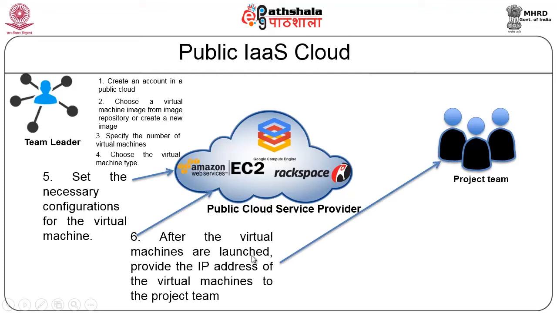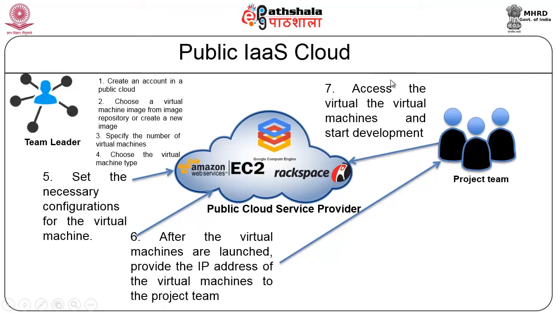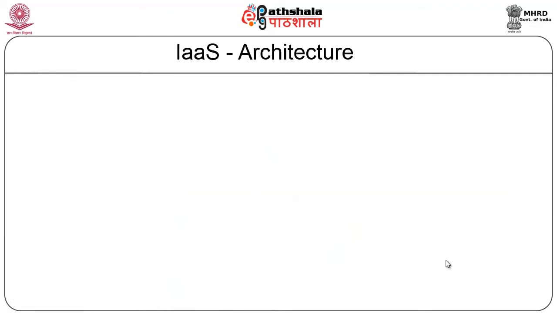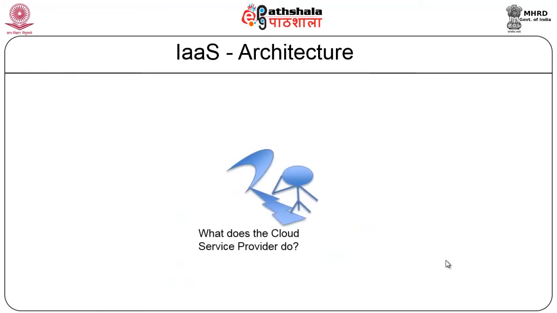Then these virtual machines are launched, and her team will be informed that they are ready to use. The team will be accessing the virtual machines, and now the development for that website will start by XYZ. So, this is one way of looking at why or when a particular company wants to access the cloud.